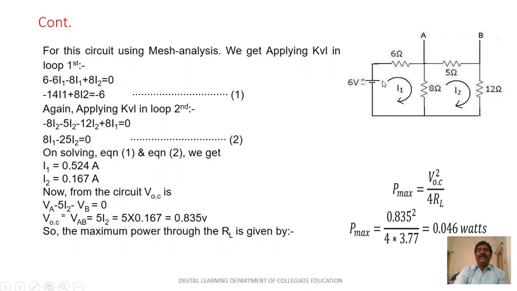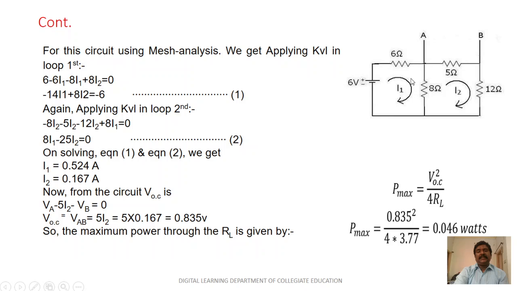I can use any method, but let us use the mesh analysis method, since I want to calculate the voltage drop across the 5 ohms. When you have only one source and a combination of resistances, just apply KVL for the loops.